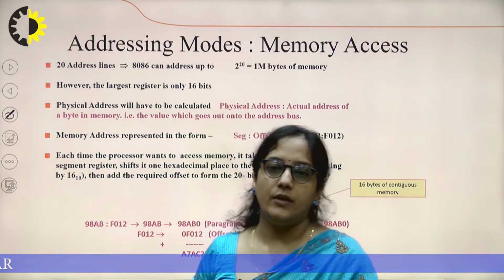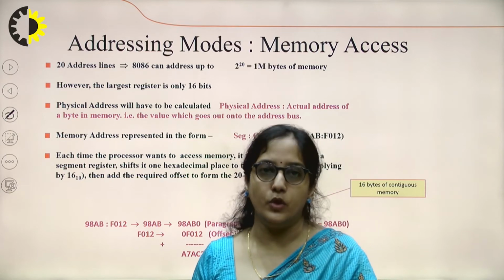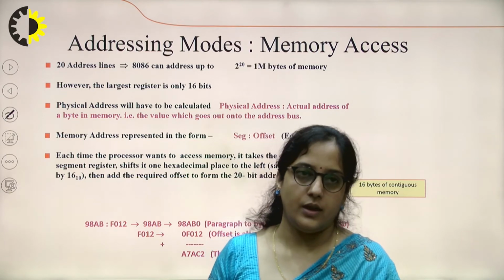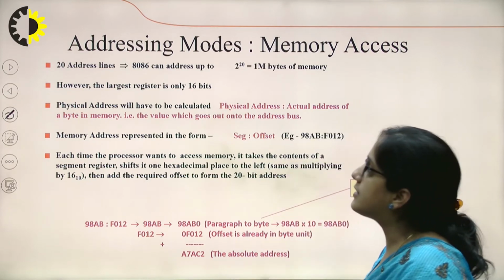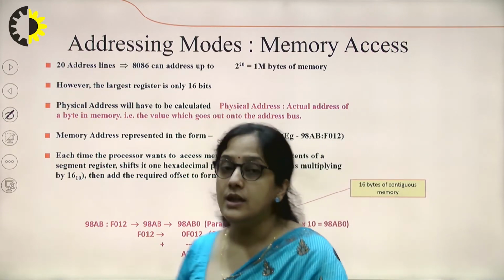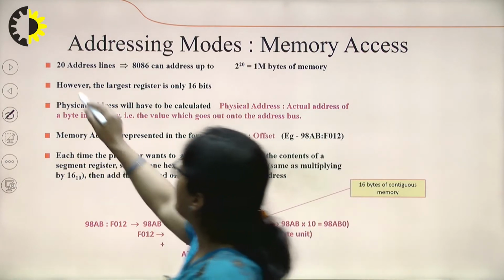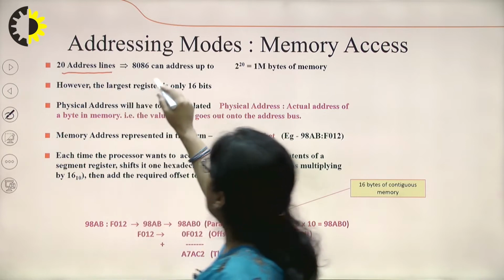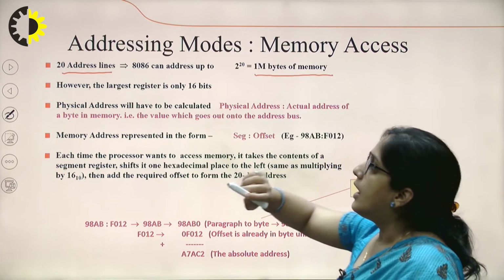Next, for memory addressing, to access our data from memory, the second group, first of all I am going to recall the things related to memory access. In case of 8086, as we all know, there are 20 address lines. So, 8086 can access 1 megabyte of memory.